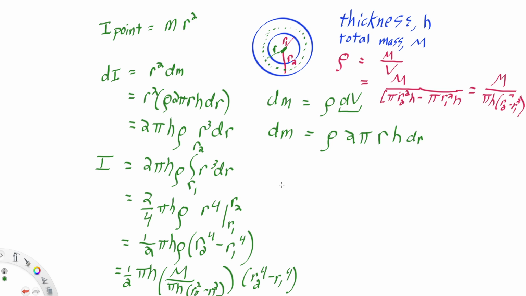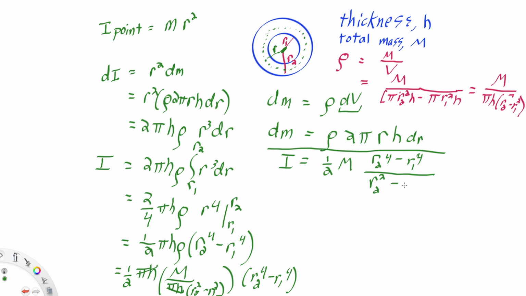That's still not great. Let's do some cancellation here. Pi's and h's cancel. So 1/2 m. At least now we've got the mass in here. But then we have r2 to the fourth minus r1 to the fourth over r2 squared minus r1 squared.